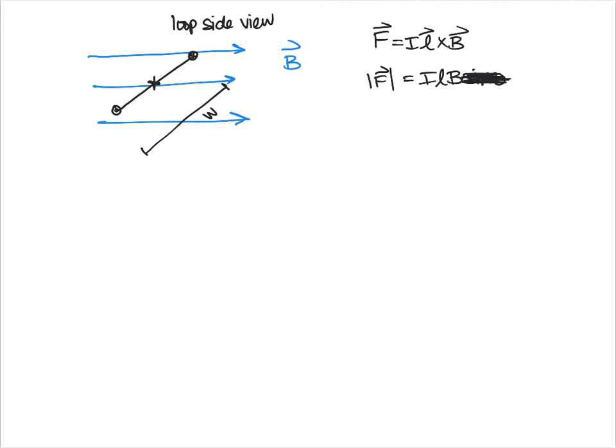If I look at this end, this is the way the current's flowing, and I do IL cross B, I'm going to get a force downward. Its magnitude is IL, the length of the loop that is going into the page, so we don't see that on this picture, and then B. On the other end, when I do IL cross B, I get a force up.